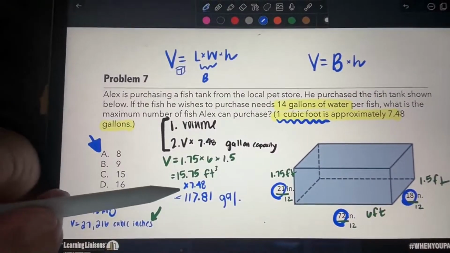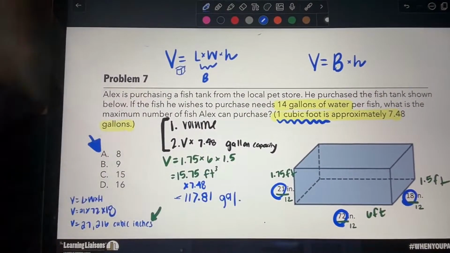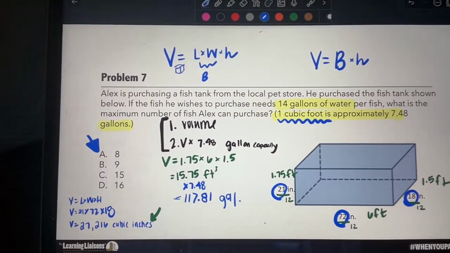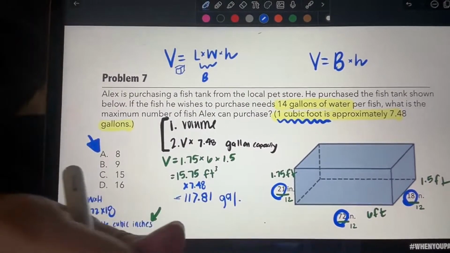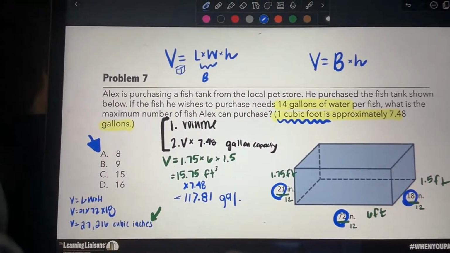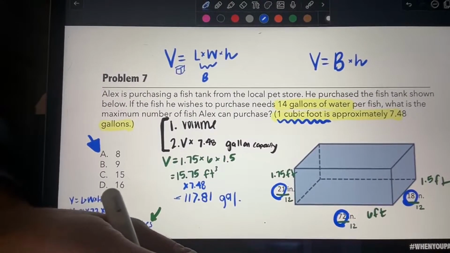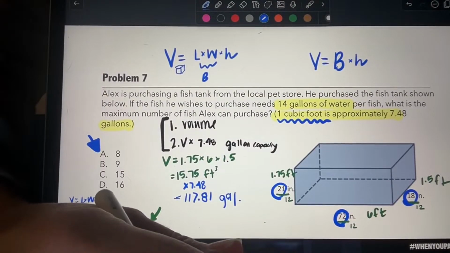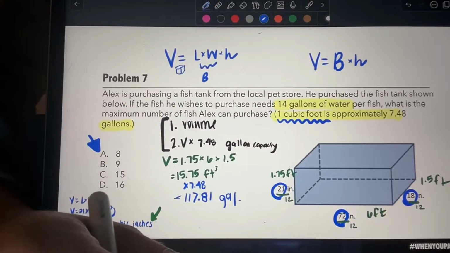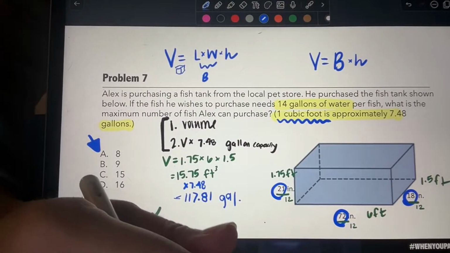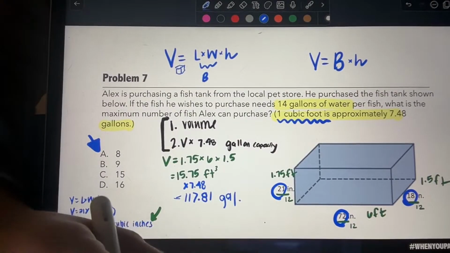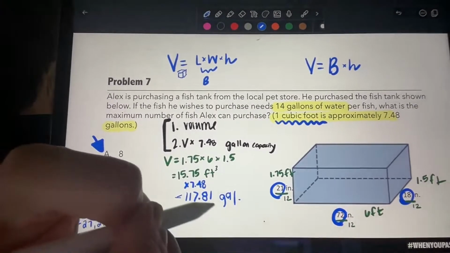So if that's the number of gallons in my tank, what do I need to do now? Now I need to divide that by 14.